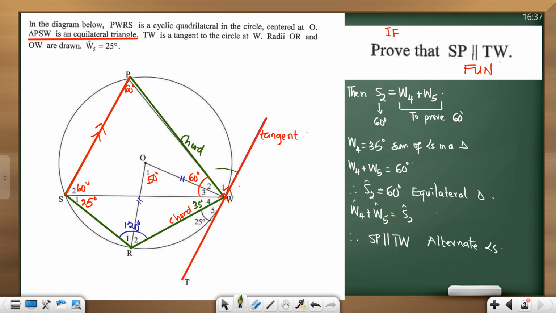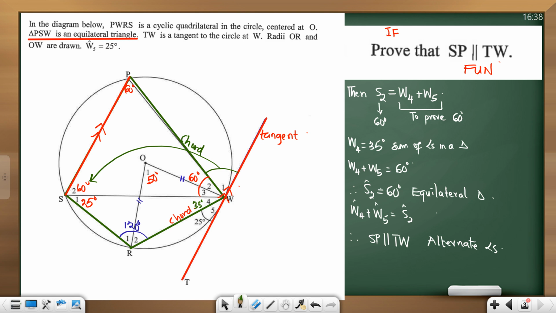So W1 would be equal to what? S2, tan chord, yes? Yes, sir. And then we know that angle P is equal to 60 as well. All right. Therefore, W1 is equal to angle P. Okay, beautiful. That was what I was going to do as well.